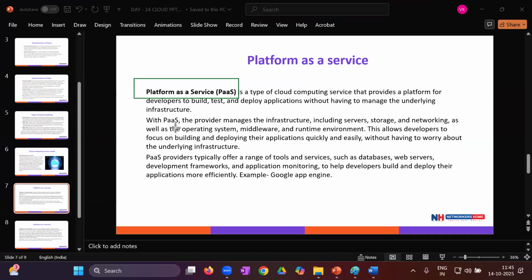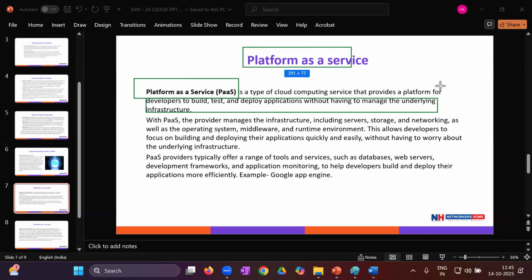Platform as a service. It provides you a platform for development purposes, for developers to build, test, and deploy applications without having to manage the underlying infrastructure. So rather than having their own physical infrastructure or platforms for testing and deployment, they will depend on the cloud, and this is called platform as a service.